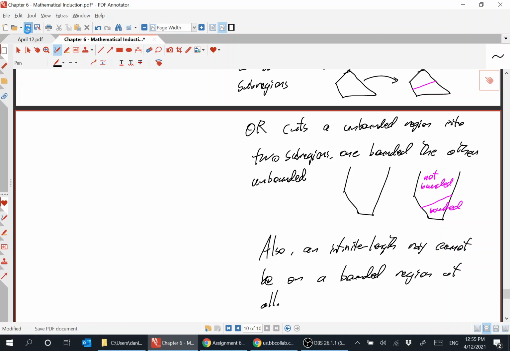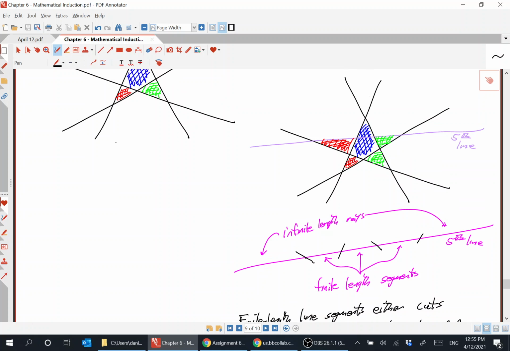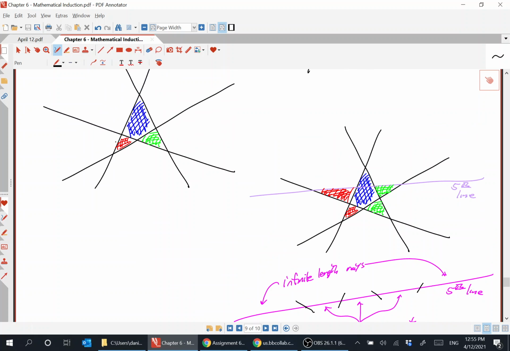So every time you add a new line to your arrangement of lines in general position, the number of bounded regions increases by 1 for each finite line segment.